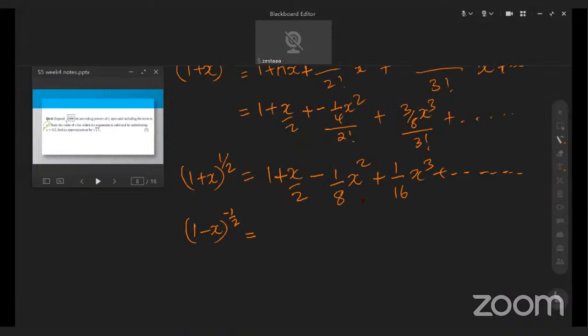Can someone else try to get us the simplification of this? I'm sure some people have done. We are working out together. Oh, yes, Emma.